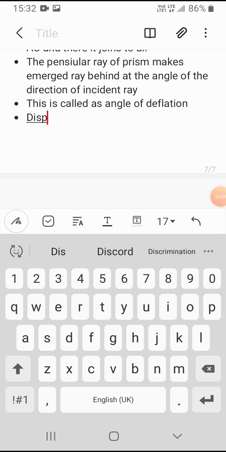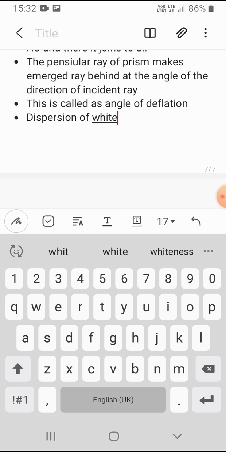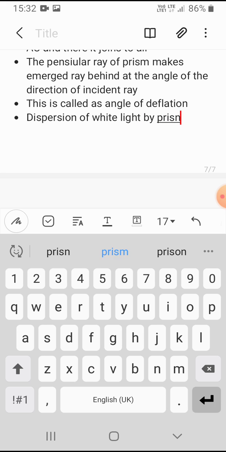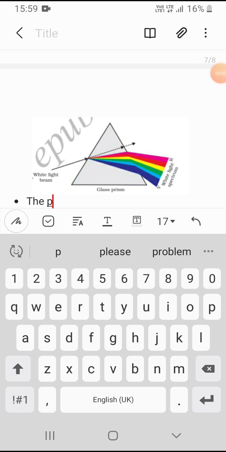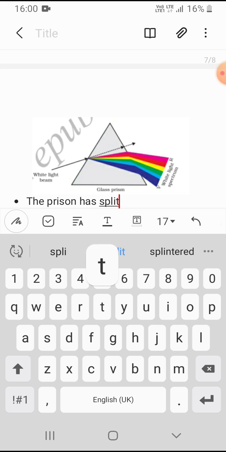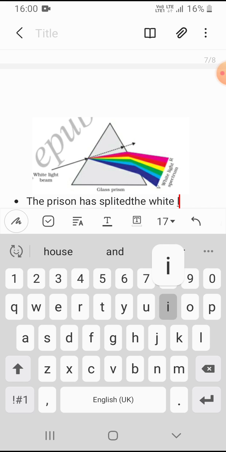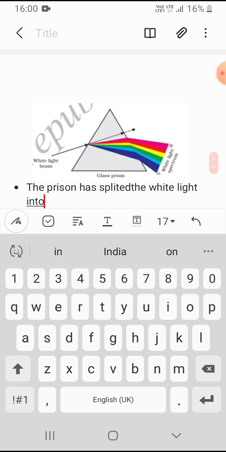Dispersion of white light by a prism. The prism has split the white light into 7 colors.